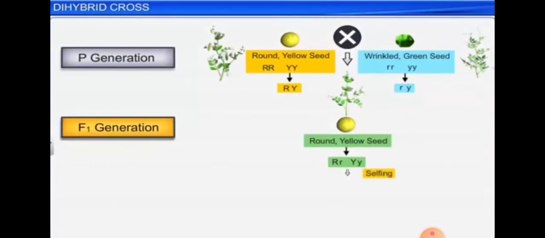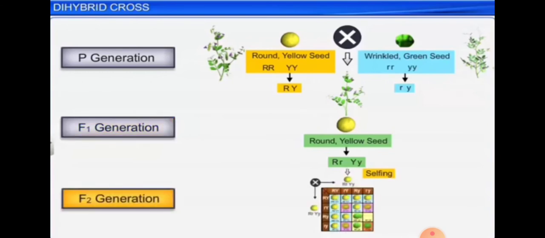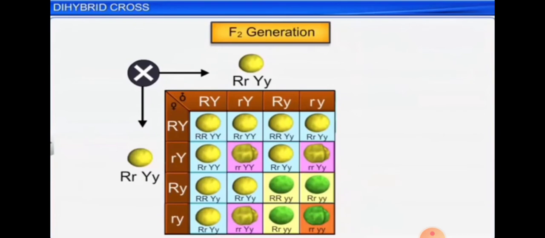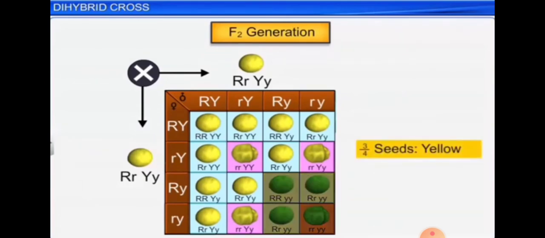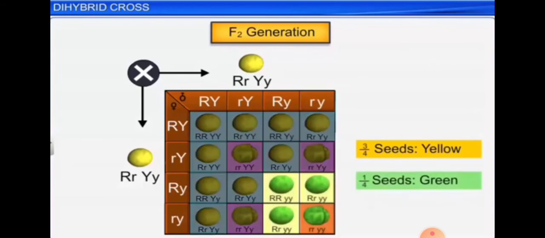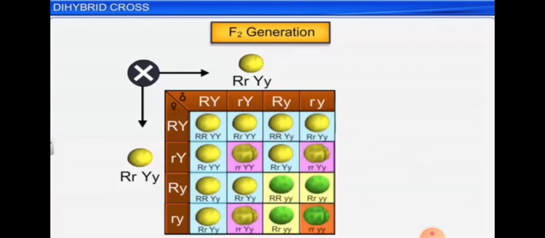Mendel further self-pollinated the plants obtained in the F1 generation to produce F2 generation plants. This time he found that 3/4 of the seeds were yellow and 1/4 were green.